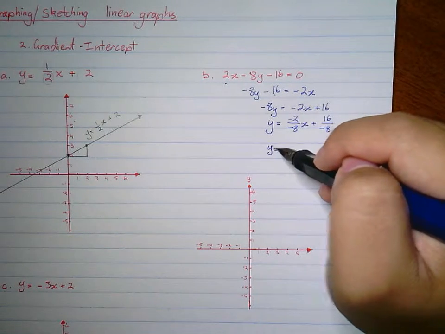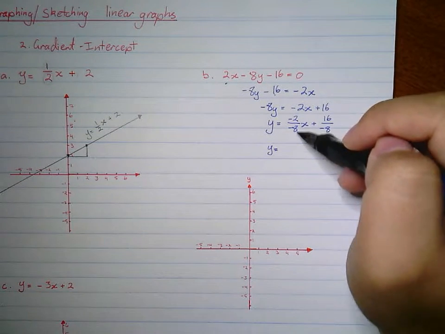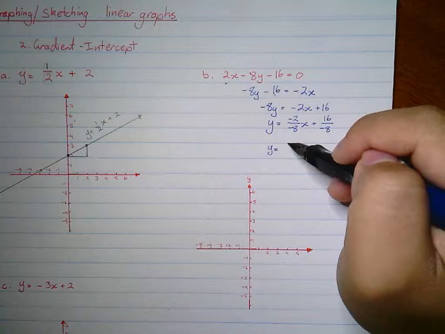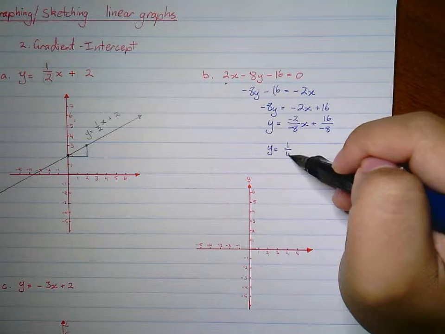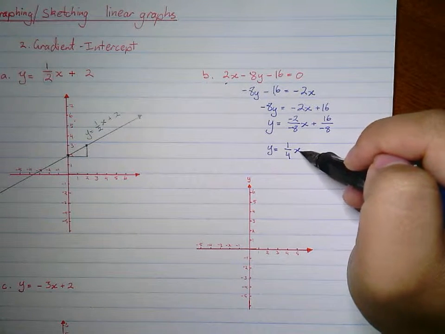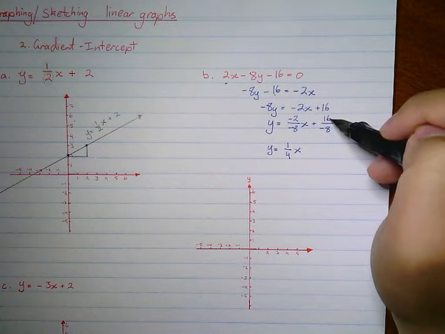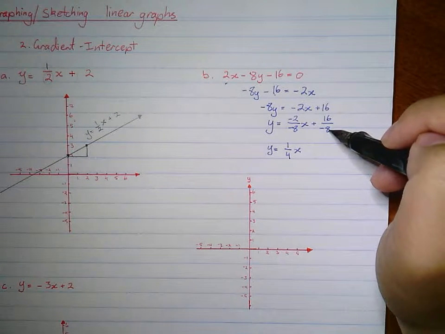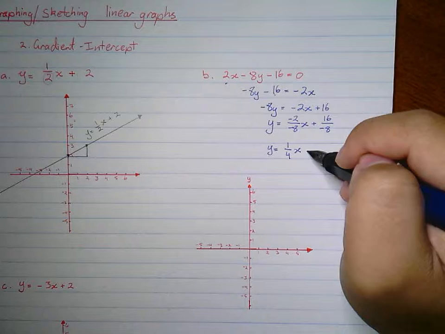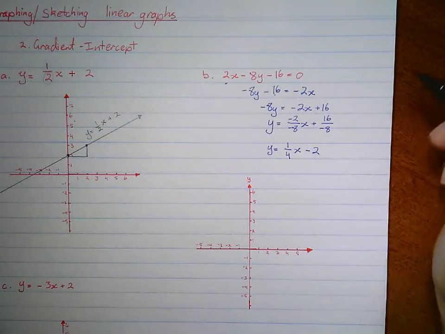This will give me y equals 2 divided by 8. They're both negative, so we're going to get a positive 1 over 4 x plus 16 divided by negative 8 is negative 2.